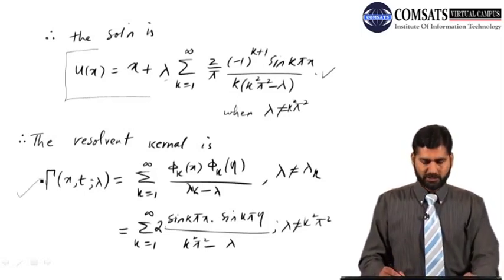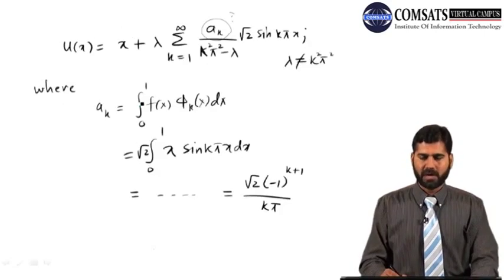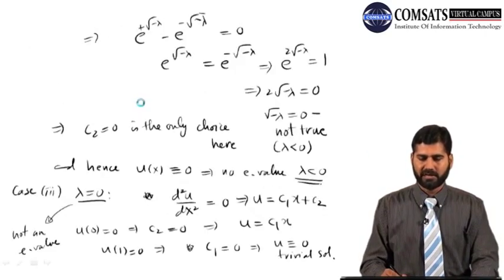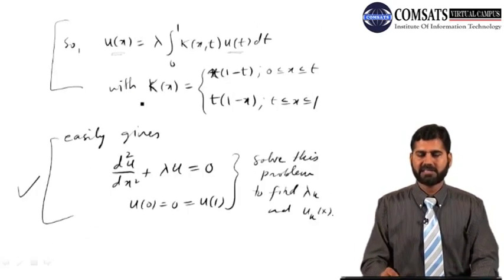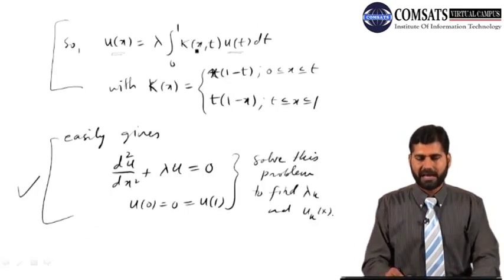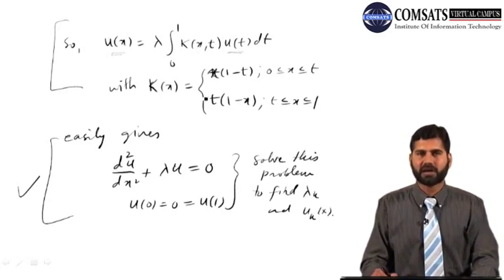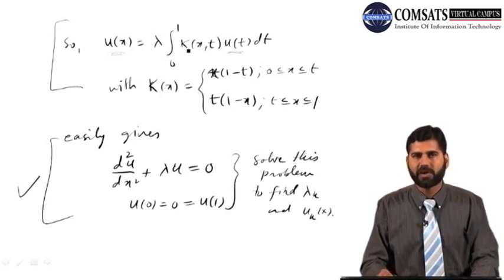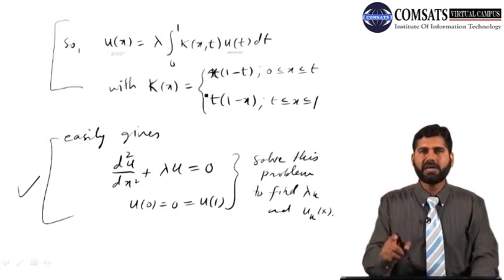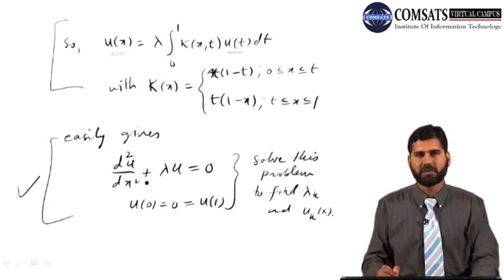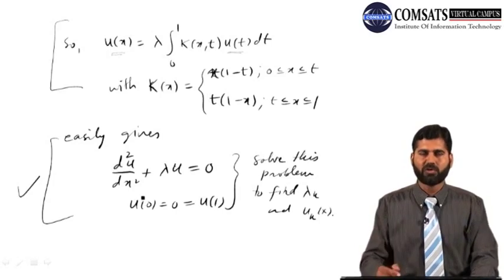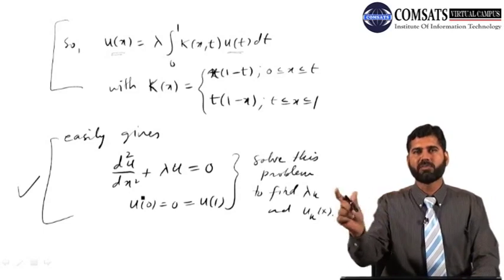Alright? So the only tricky part in this example, if you go back and recall, was here, because this is our homogeneous equation and we need to find eigenvalues and eigenfunctions from here. But because of the type of this kernel, we were unable to do that, but we remembered that this homogeneous Fredholm equation with this type of kernel appears from this initial value problem. So you have to go back and look at lecture number 2, Formation of the Fredholm integral equation.